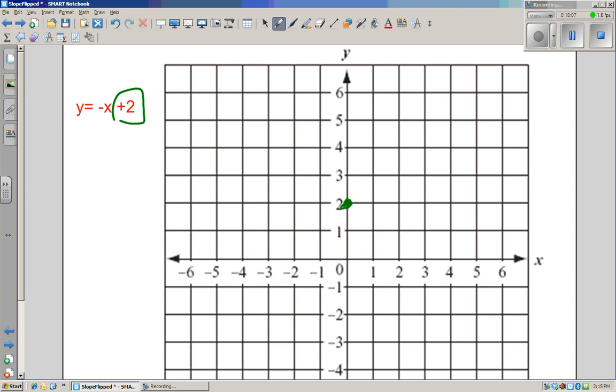That means there's one x there. So I have a negative 1, and as we know, if there's nothing underneath, it's a 1. So I have negative 1 over 1, which means I go down 1 and over 1. I go down 1 and over 1. When I do that, I have a nice line right there.